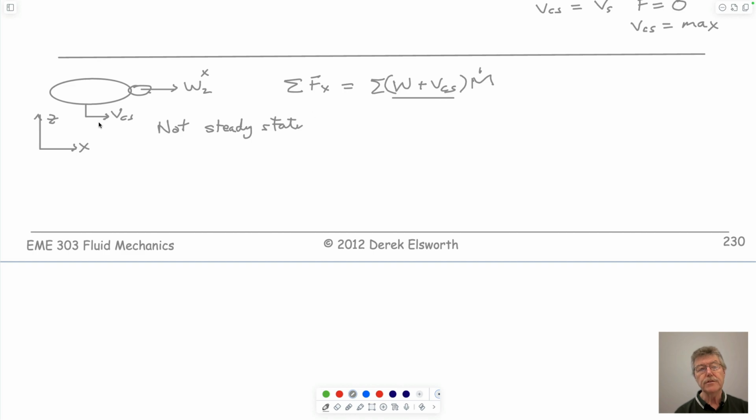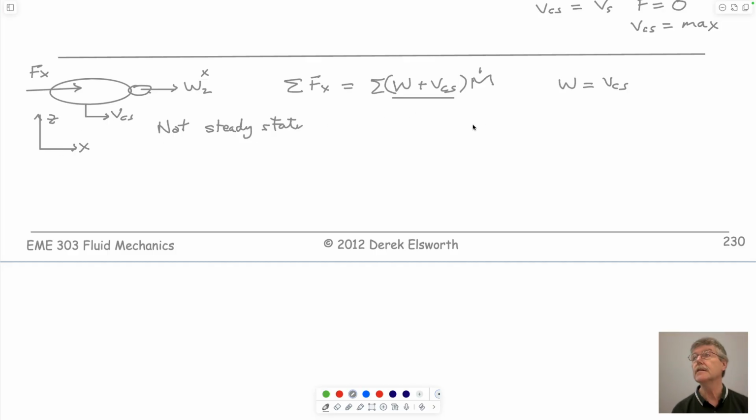If we're not applying any force to this, to restrain it, if Fx is equal to 0, then this will only equal 0 if W equals VCS. Equal and opposite to each other. Squirting out here pushes it in the other direction. Negative CS is just the opposite direction from this.